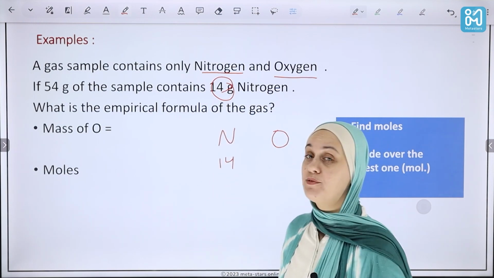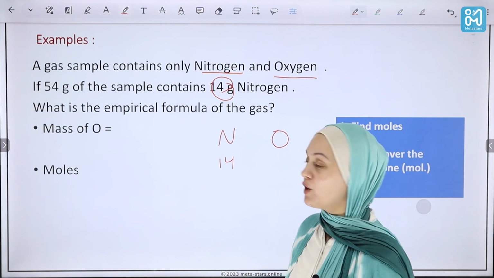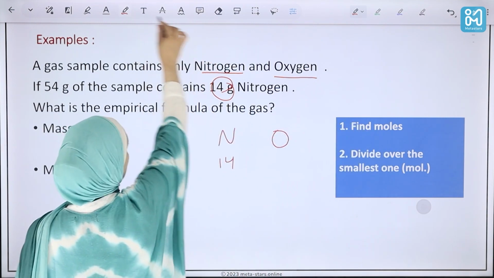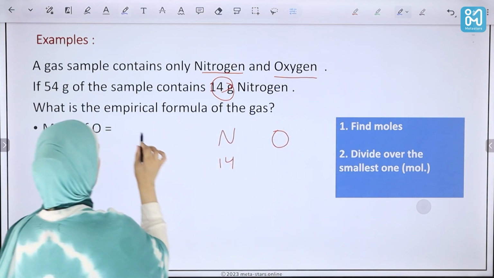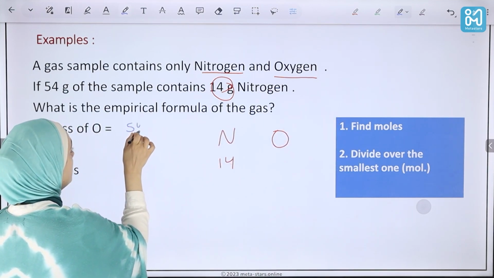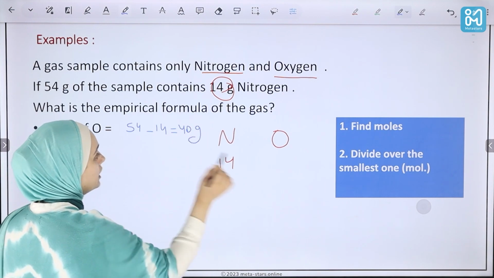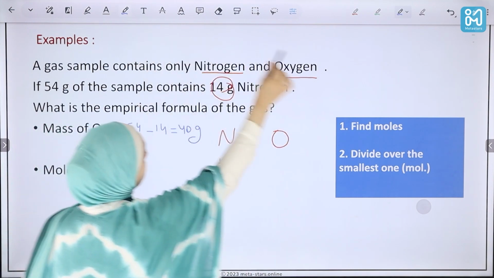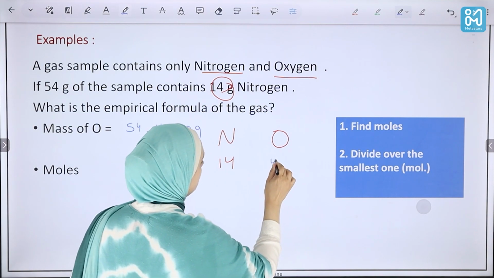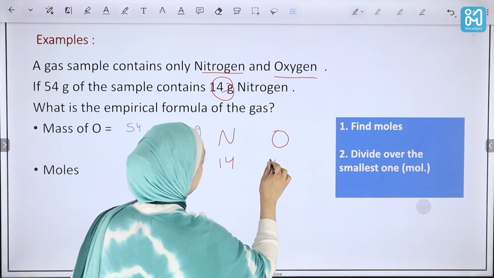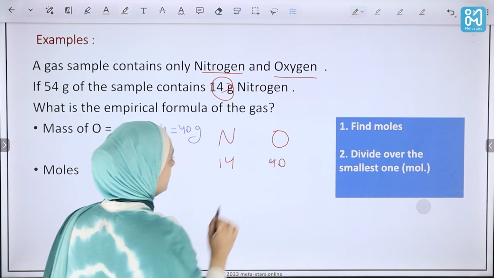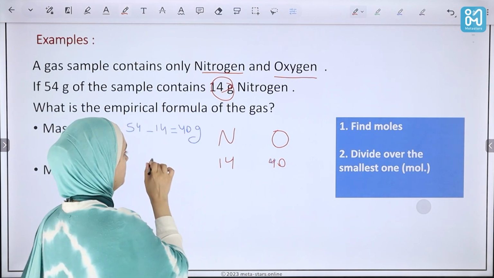If the nitrogen is 14, what is left is for oxygen. So I just have to find the mass, which is 54 minus 14, which is 40 grams of oxygen. So now I know the mass of oxygen here. Okay, these are the masses.